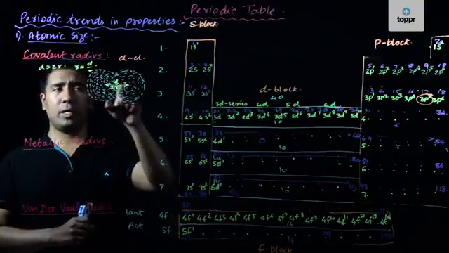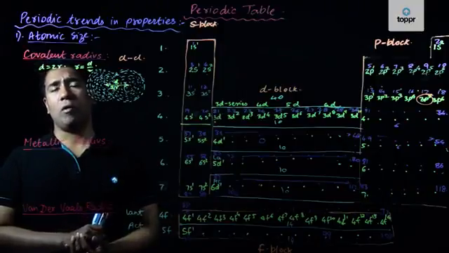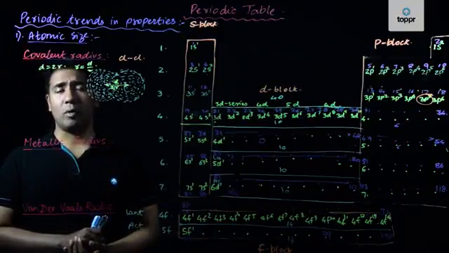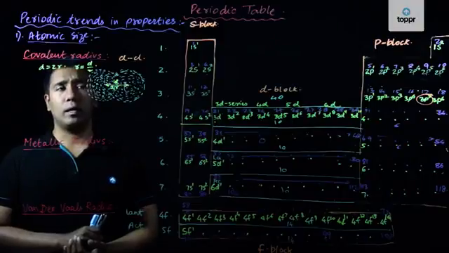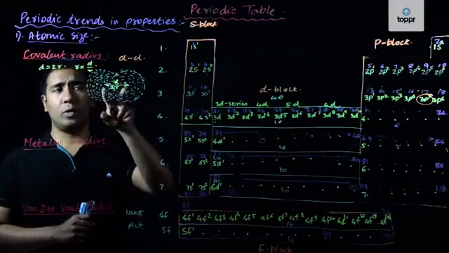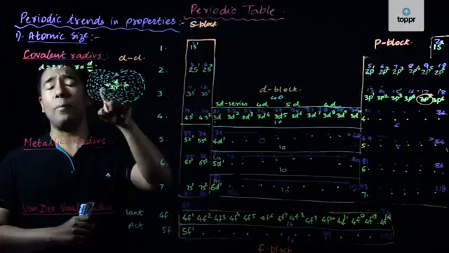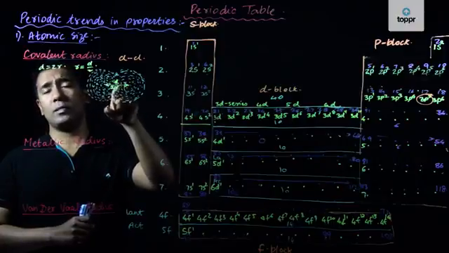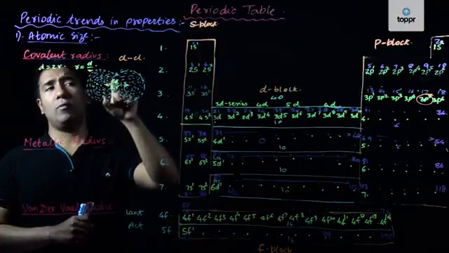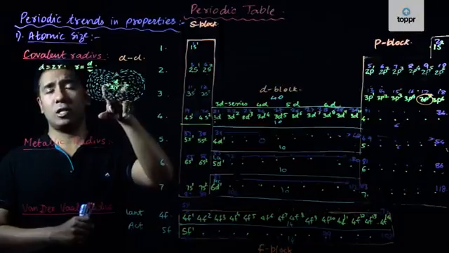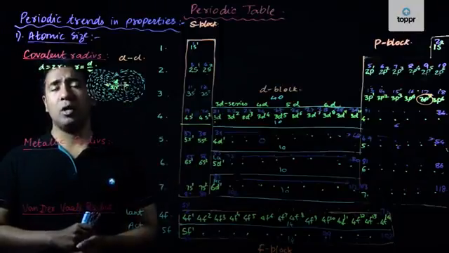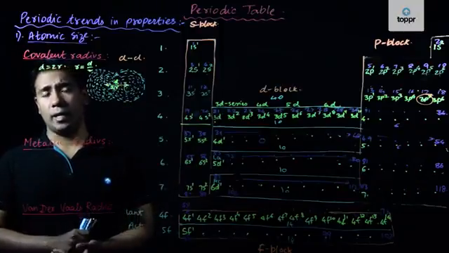In a similar way, we can find out the metallic radius of a metal atom or metal ion. In a metal crystal there will be two metal atoms which are not bonded to each other but are present very close to each other, touching each other, and we consider such metal atoms or metal ions to find out the metallic radius.